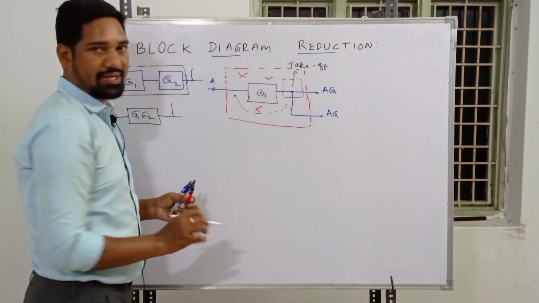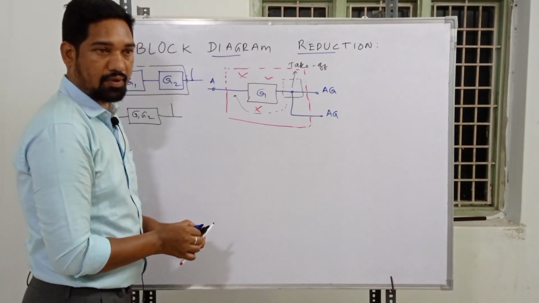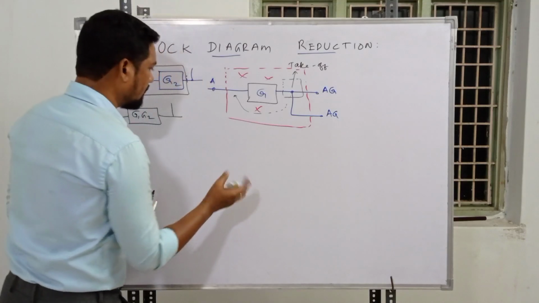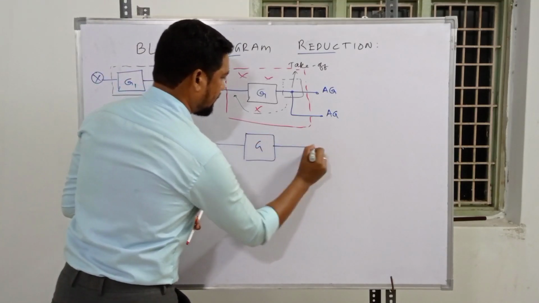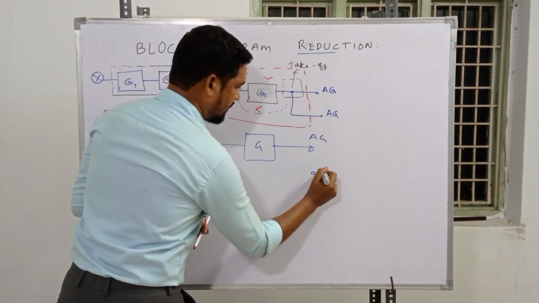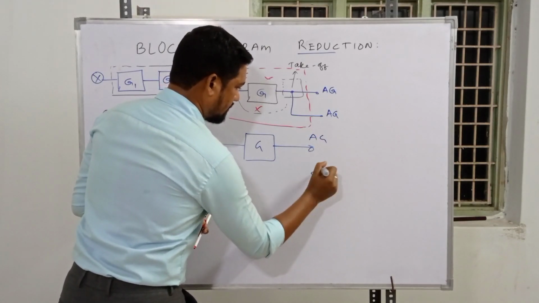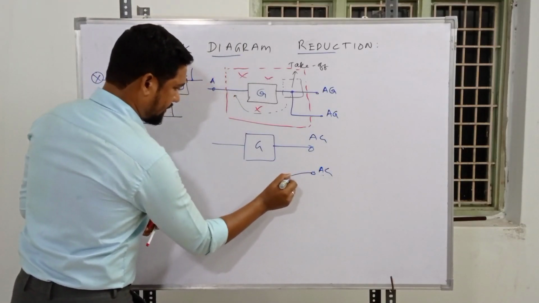Do whatever you want, those are the conditions that apply. So here it's AG, it's G, and it's AG. Output from this point also should be AG, but I am in need of shifting this to this side.